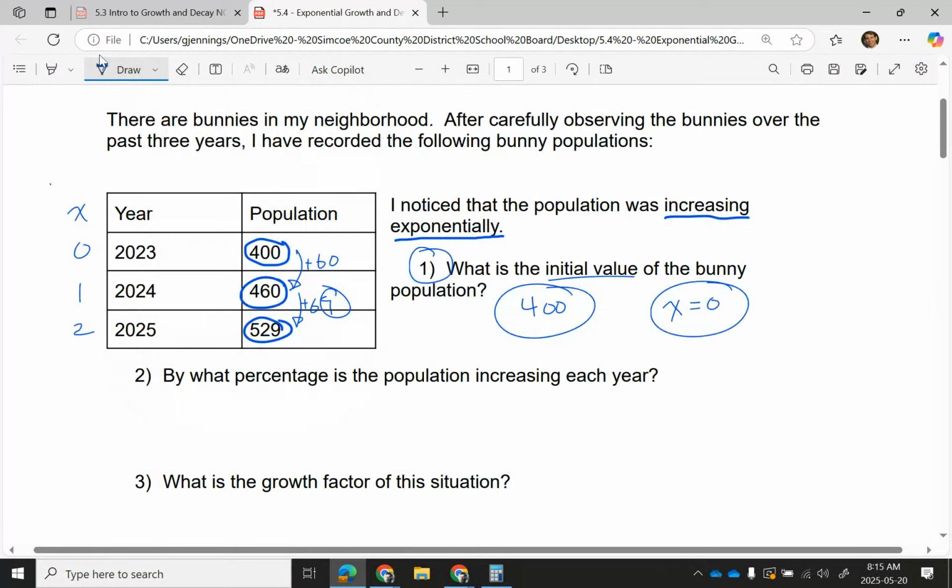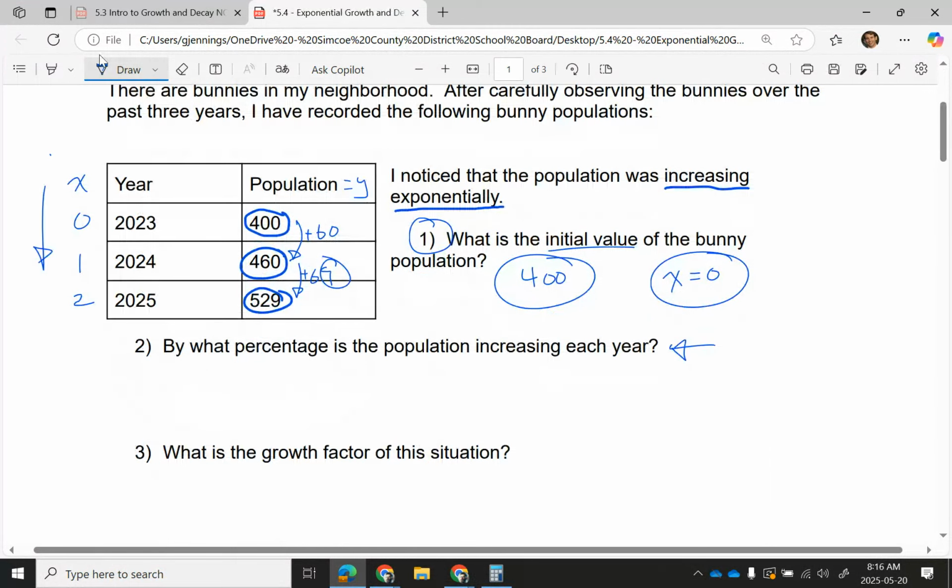Now, what percentage is the population increasing? What was the answer? 8.6. Percent? How did you do that? I did 460 divided by 529 times 100, and they're both 8.6.